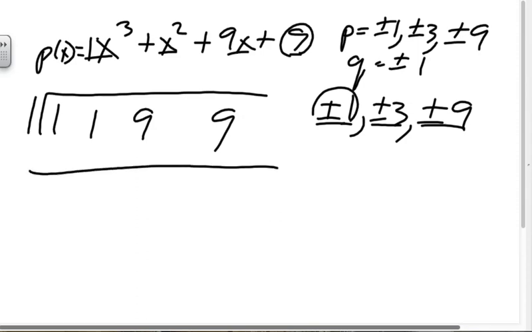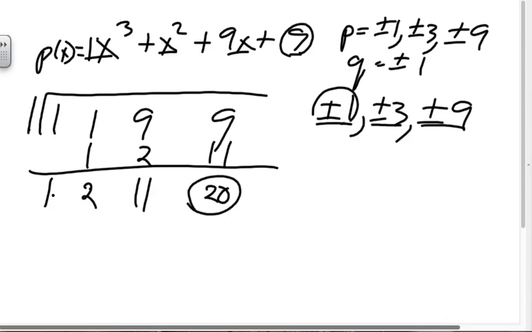So to do synthetic, you bring the 1 down. 1 times 1 is 1, add them. 1 times 2 is 2, add them. Okay, because I had a non-zero remainder, what that tells me is that plus 1 is not a 0. So the next one I'm going to try then would be negative 1.